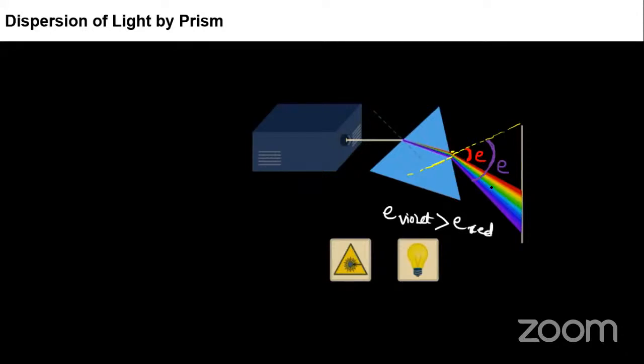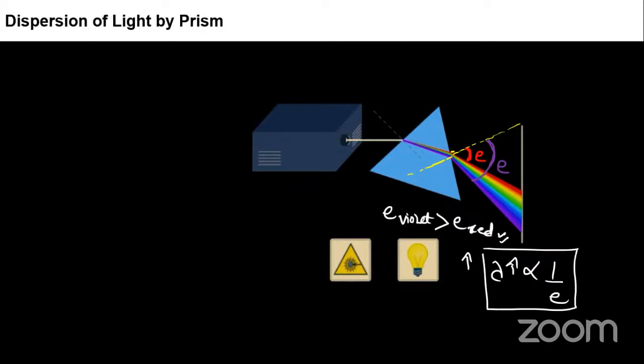So we can conclude that if we increase the wavelength, because we know red has the highest wavelength, the emergent angle decreases. Violet has more emergent angle, blue less, yellow less, red smallest. So wavelength is inversely proportional to the emergent angle.